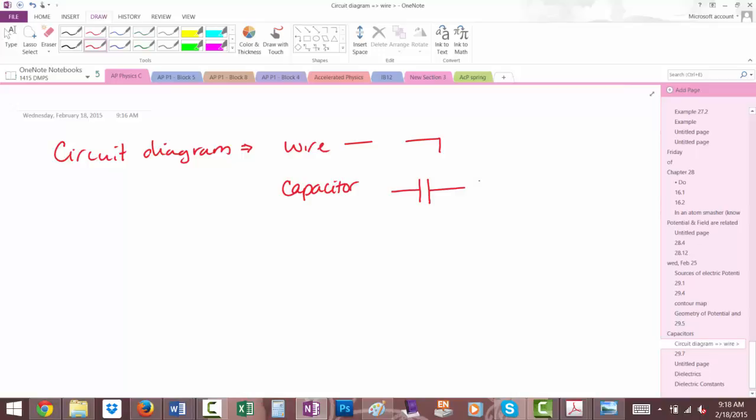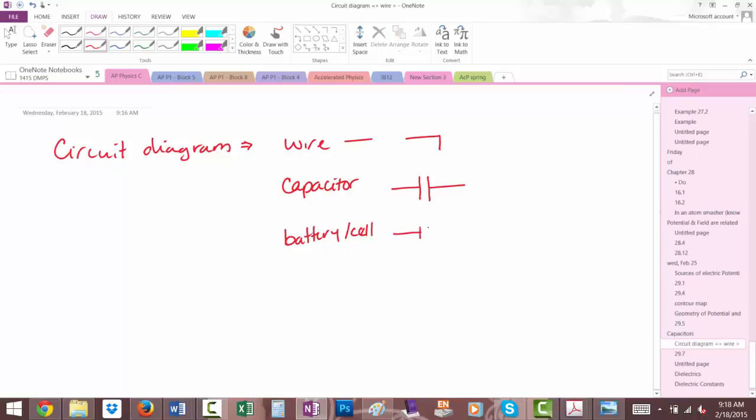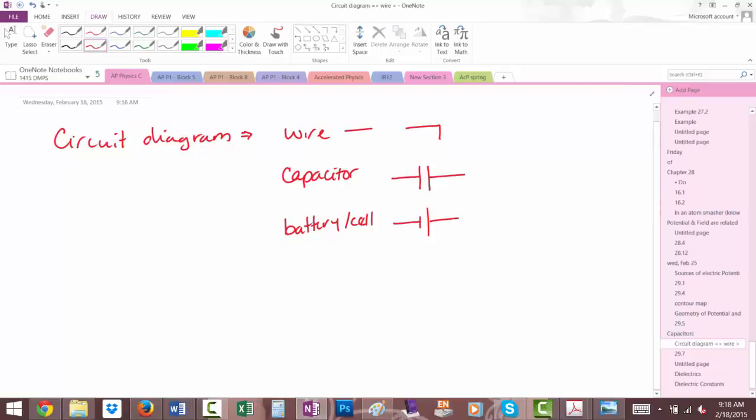The other thing that we're going to need right now is some sort of EMF. And since our generator doesn't work, I know, right? We're going to go ahead and get some batteries and use a battery. A battery, or sometimes they call them cells, and we'll talk about the difference later, is drawn very similar to a capacitor, but instead of two lines that are the same length, they have two lines of different lengths, and the different lengths represent the two different potentials.